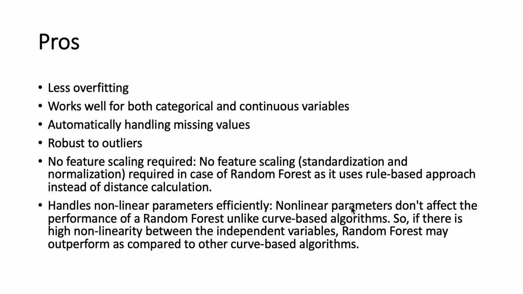When we train the random forest, we do not need to normalize both features to 0 to 1, because we use a rule-based approach instead of distance calculation. That is also attributed to the decision tree behind the random forest.